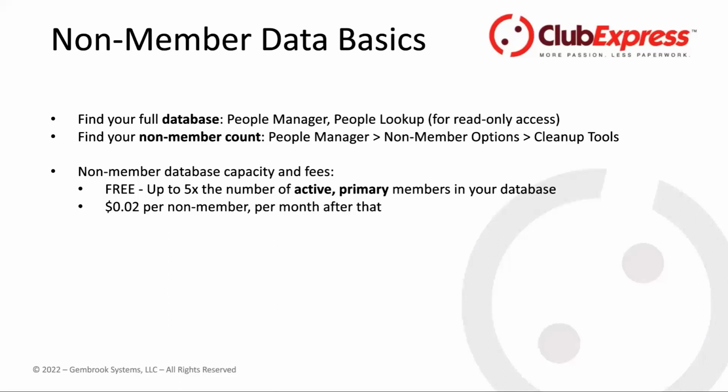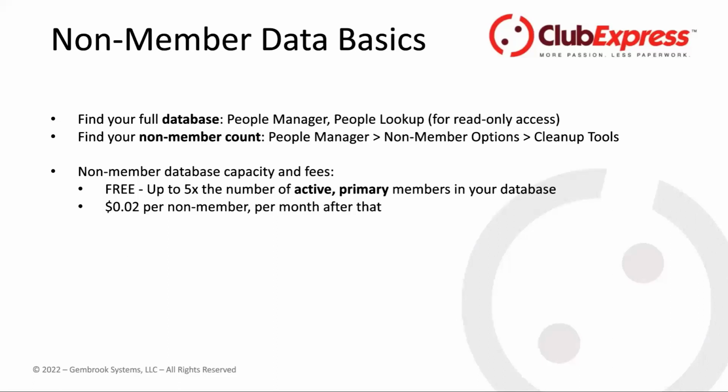Now, starting at 501 in that example, we would charge you 2 cents per non-member per month after that. So if you have a lot of non-members, you might want to take a look at the count and see, okay, what can I clean up here in order to get that number down just a little bit and maybe save some money on my monthly bill.